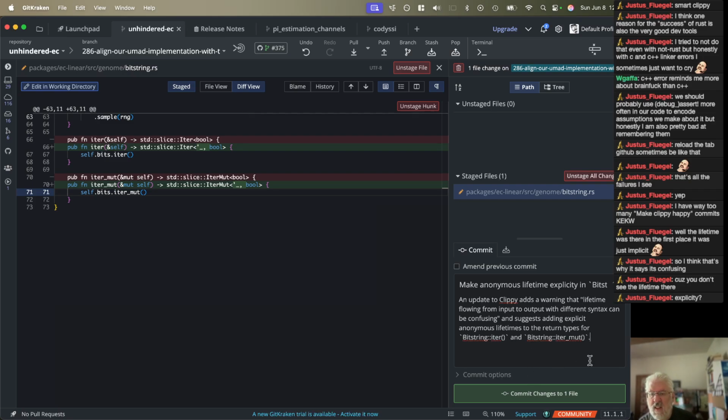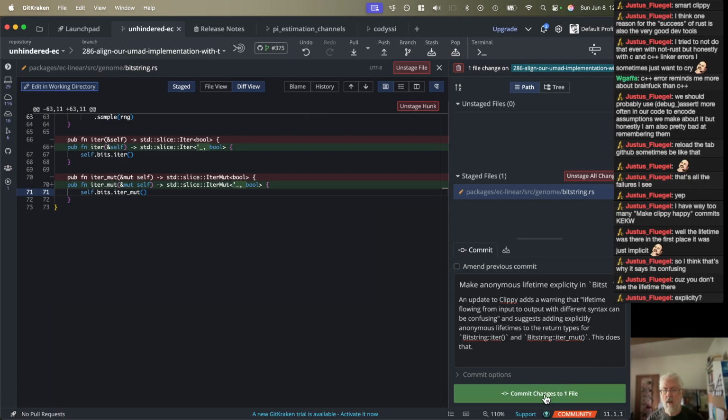Explicitly adding explicitly anonymous lifetimes. Update to Clippy adds a warning that lifetime blah blah blah and suggests adding explicitly anonymous lifetimes to return types. This does that.